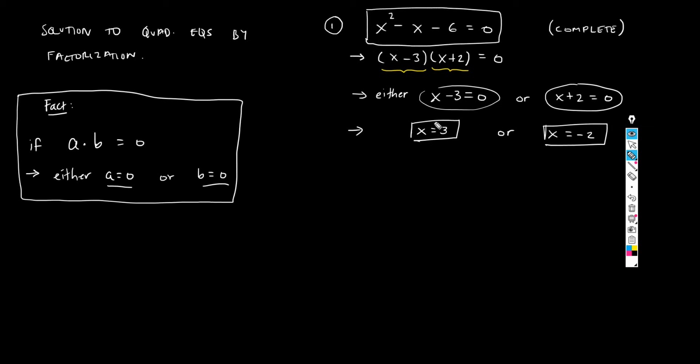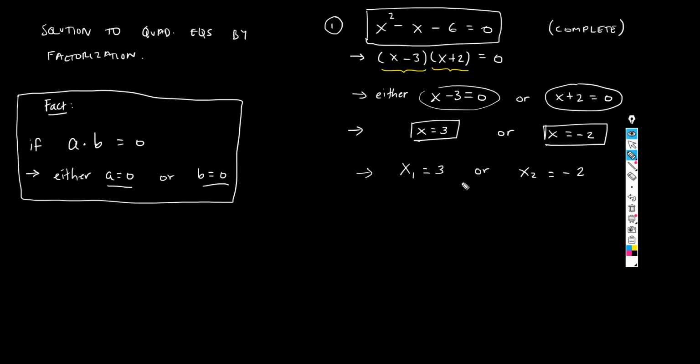Whenever you solve a quadratic equation, guys, you will always find two solutions. In this case, it's 3 and minus 2. Some people write this, in order to differentiate them, some people say x1 to talk about the first solution, x1 equals 3, or x2, which is the second solution, which is minus 2.